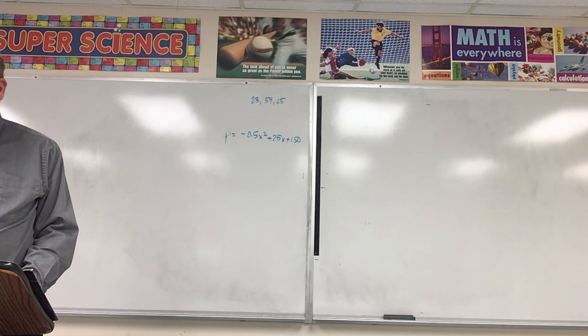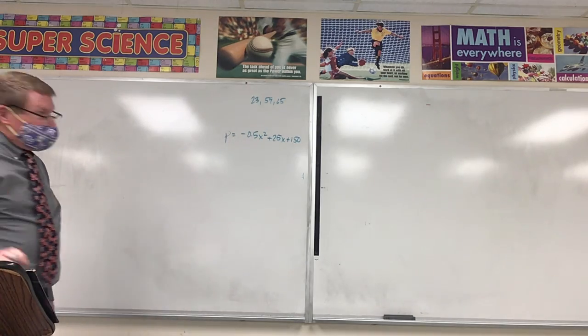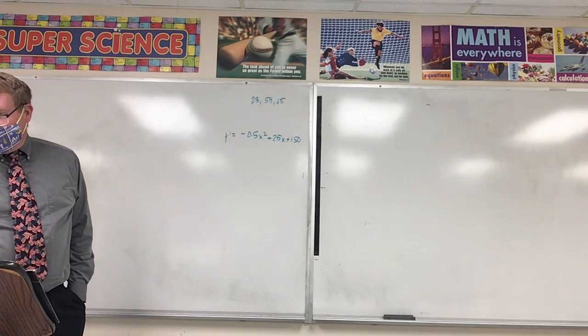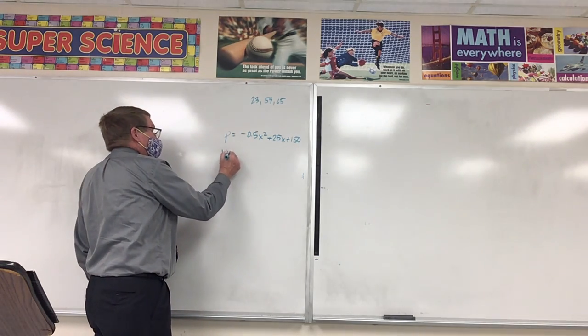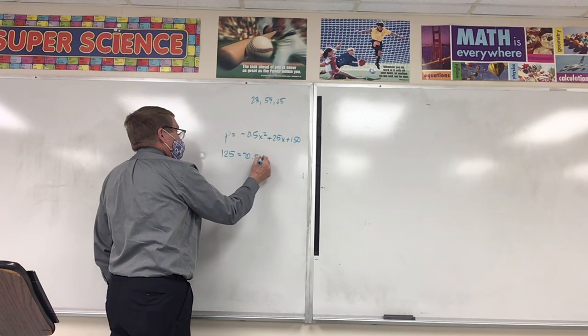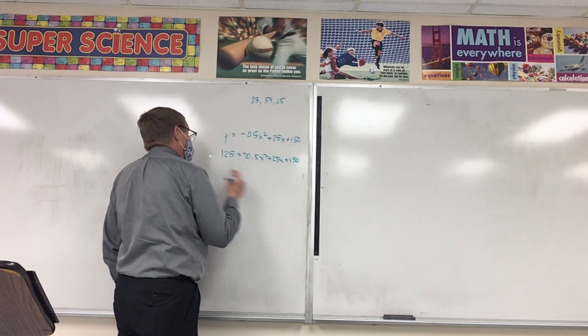All right, so this is a profit, and we want to make at least $125. So 125 equals 0.5 X squared plus 25X plus 150.